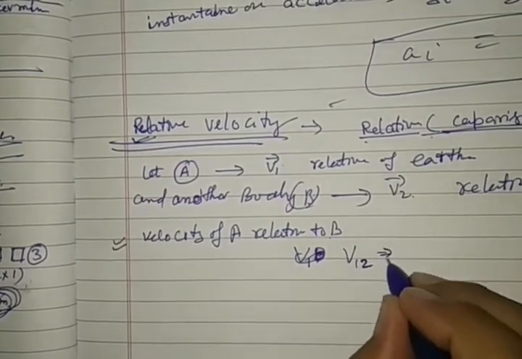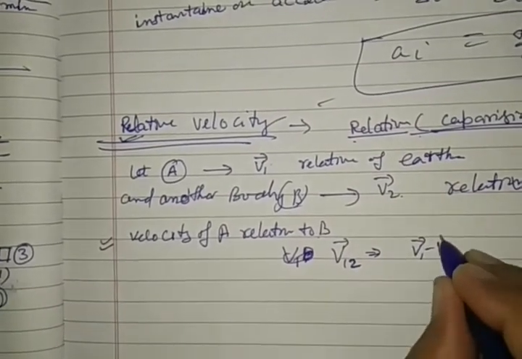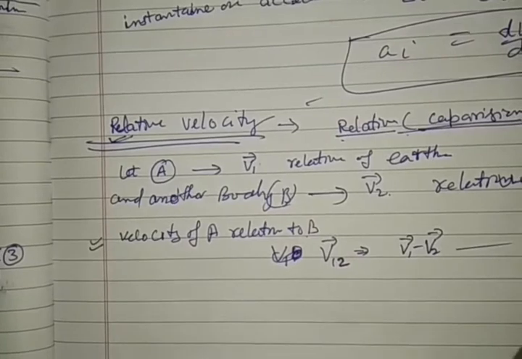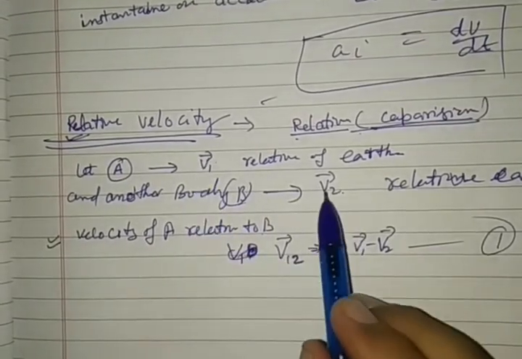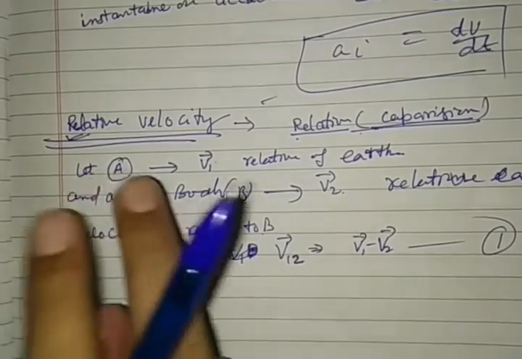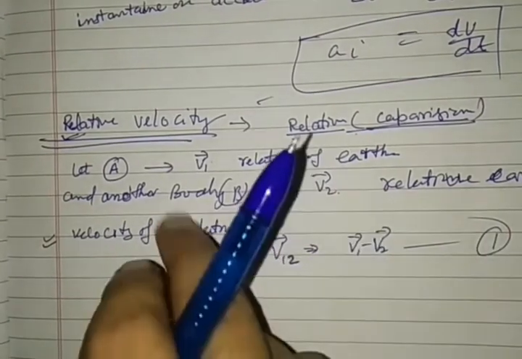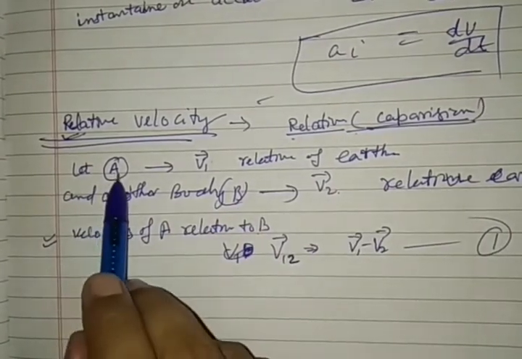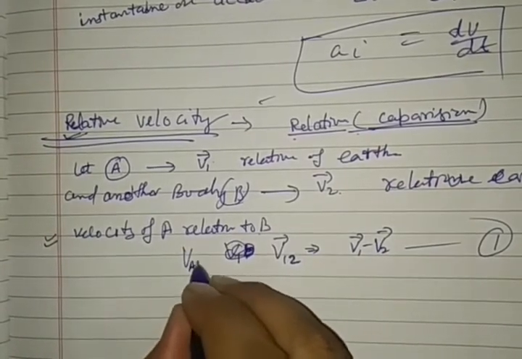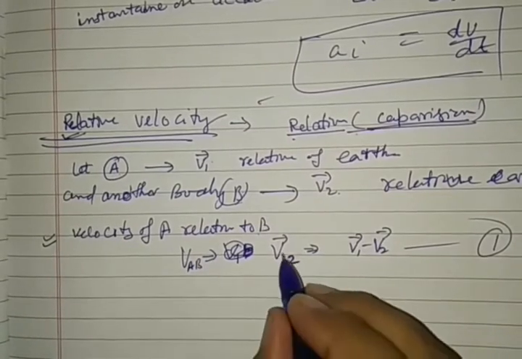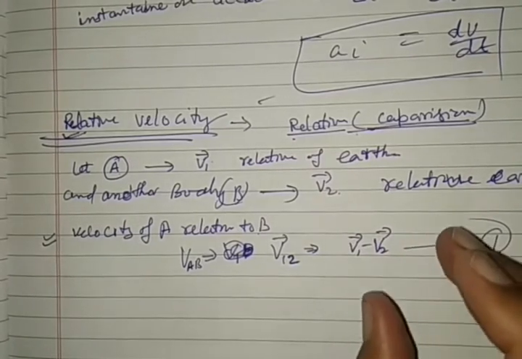It's normally represented by v1 minus v2. It means v1 and v2 are velocities of two separate bodies A and B relative to Earth. But if you want to know the velocity of A with respect to B, it can be written as VAB, which is equal to v1 minus v2, the difference in both velocities.